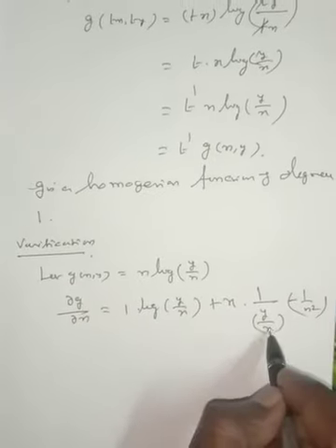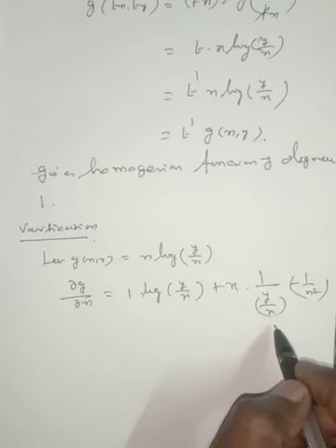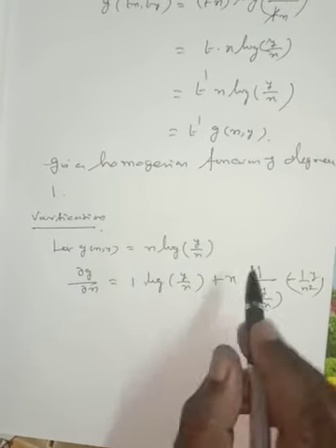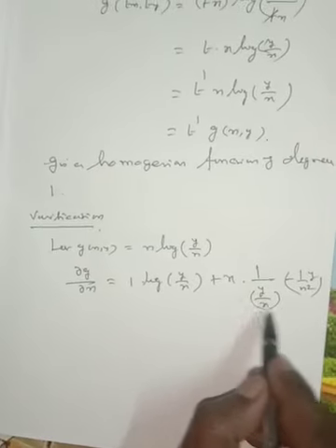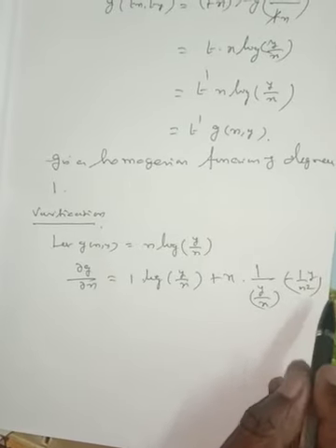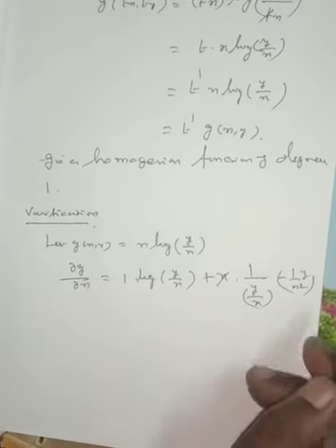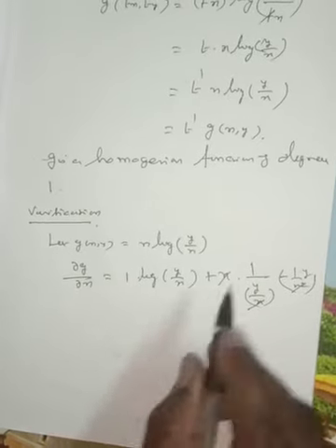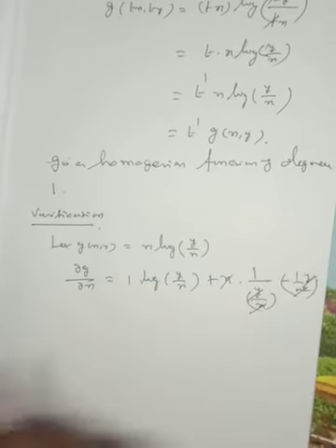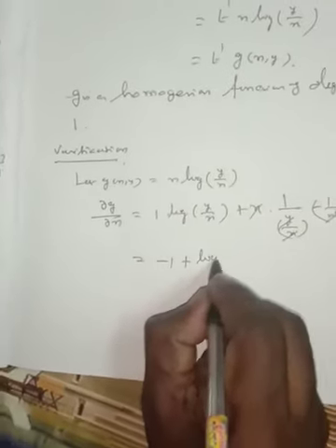So x cancels, x square. Log y by x plus x into 1 by y by x, and y by x differentiated with respect to x gives y into minus 1 by x square. So x square cancels, y cancels, and it is equal to minus 1 plus log of y by x.